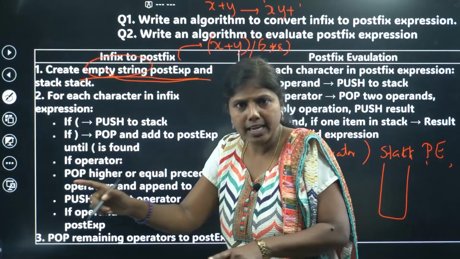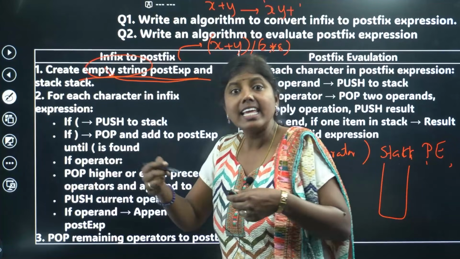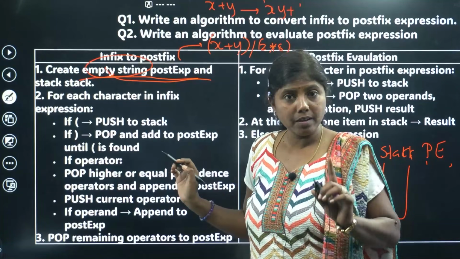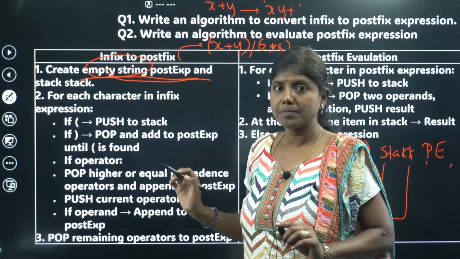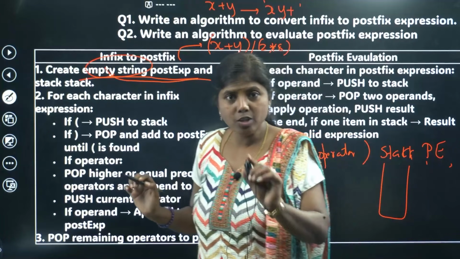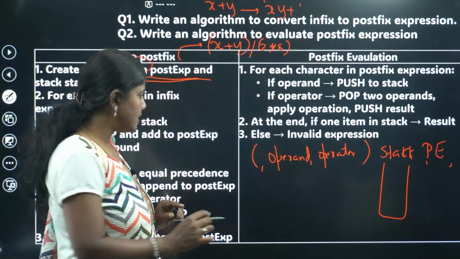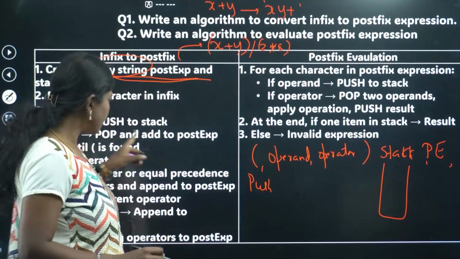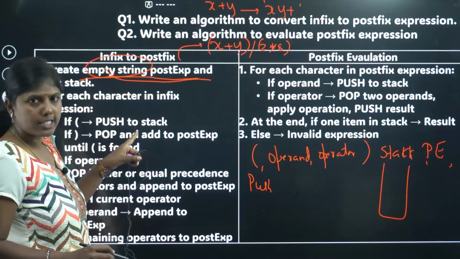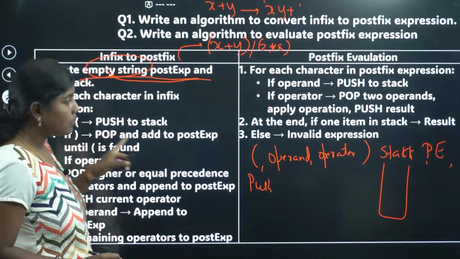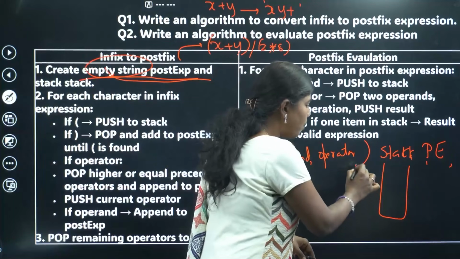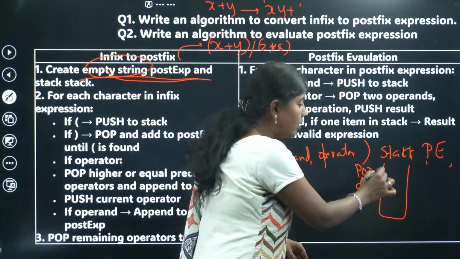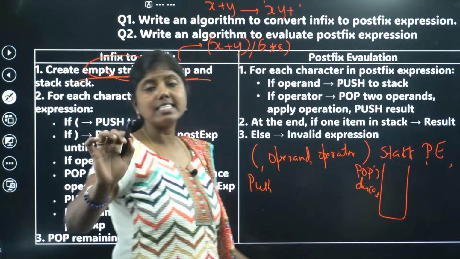Character by character you have to traverse and take the necessary action when you encounter each one. Remember this: whenever you encounter a left parenthesis, you push it to the stack. Whenever you encounter a right parenthesis, you pop. Keep on popping until you get the left parenthesis, and discard that.